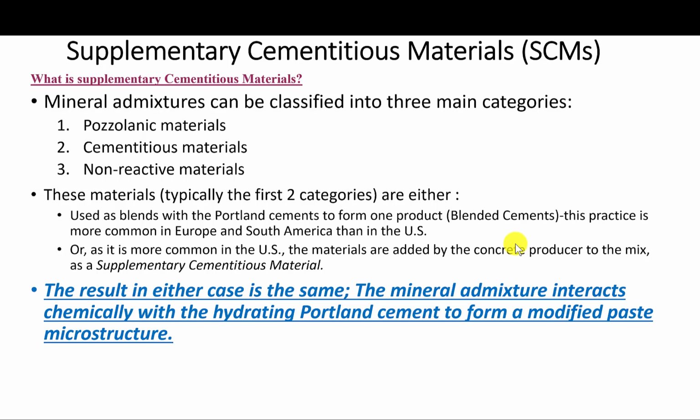But in the United States, such blended cements are less common, although they exist. It is more usual for the specifications to require the concrete producer to add a material from either categories 1 and 2 above as supplementary cementitious material. In either case, though, the end result is the same in terms of the impact on the concrete properties.